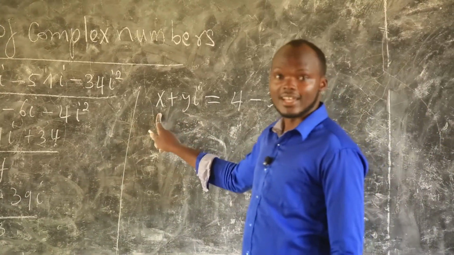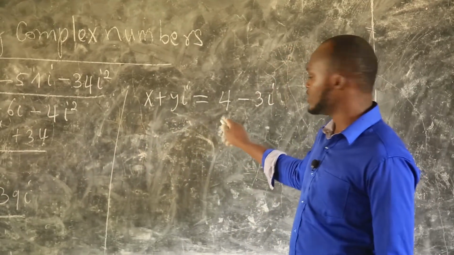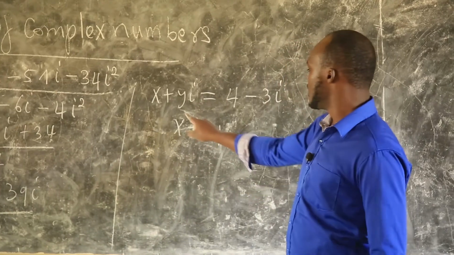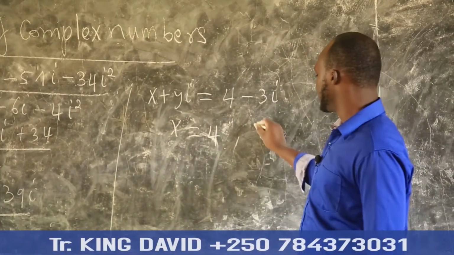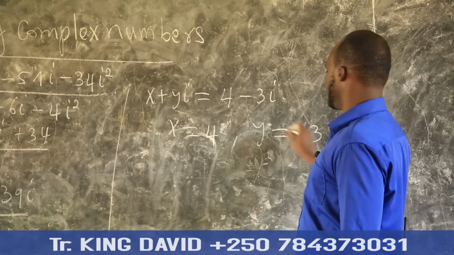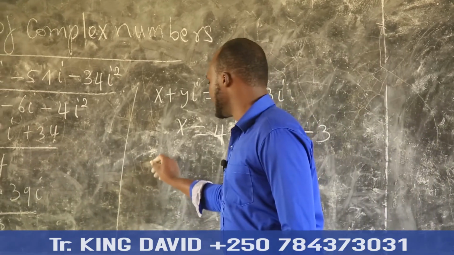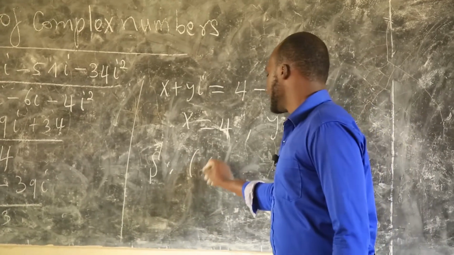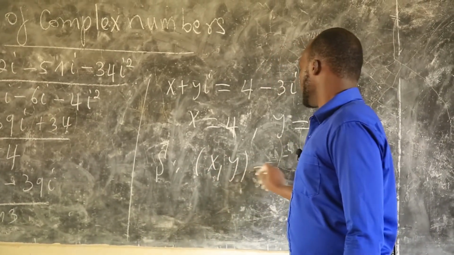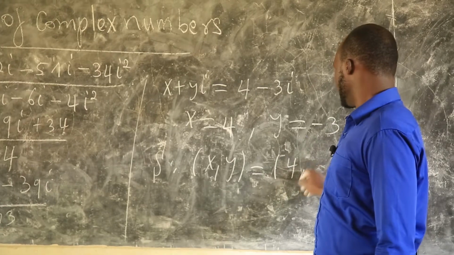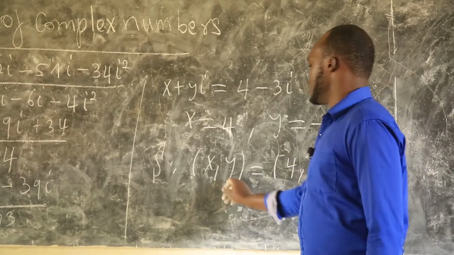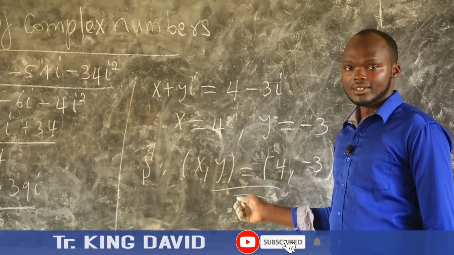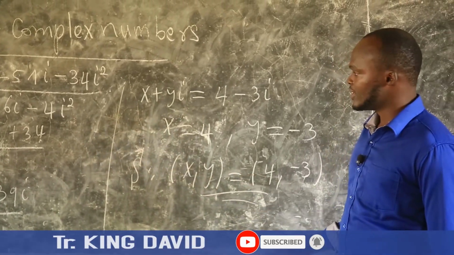So x is equal to 4 and y equal to negative 3. So now our set is the coordinate (x, y), which is (4, negative 3). So that's the answer. Is there any question about here? Thank you. There is no question.